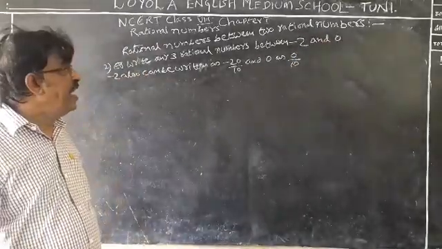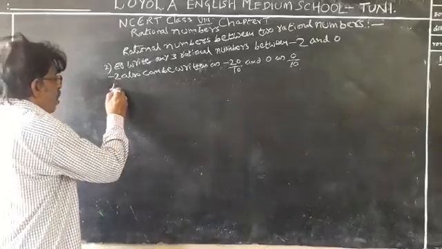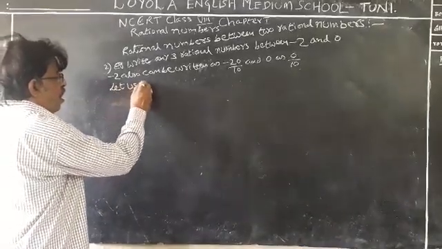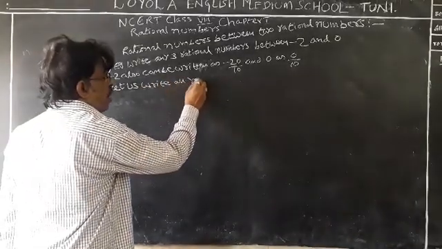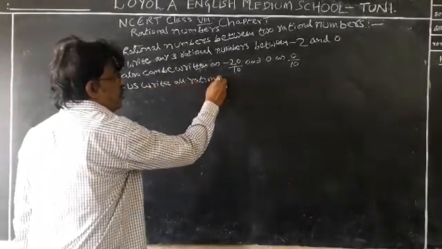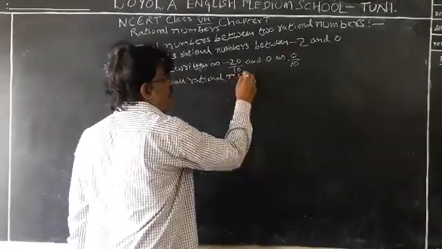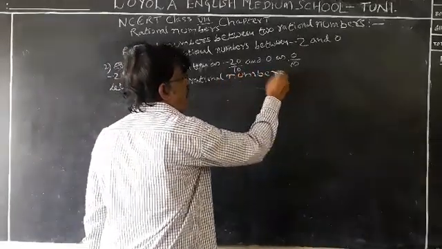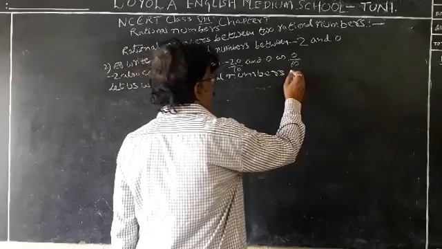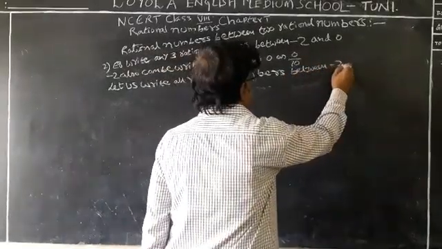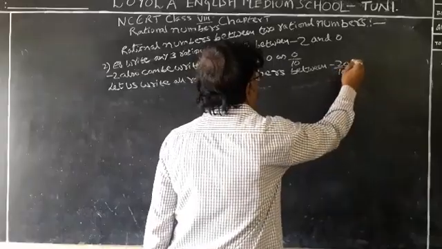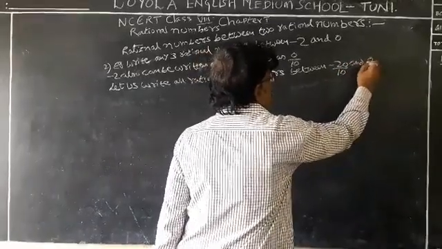Now let us write all rational numbers between -20 by 10 and 0 by 10.